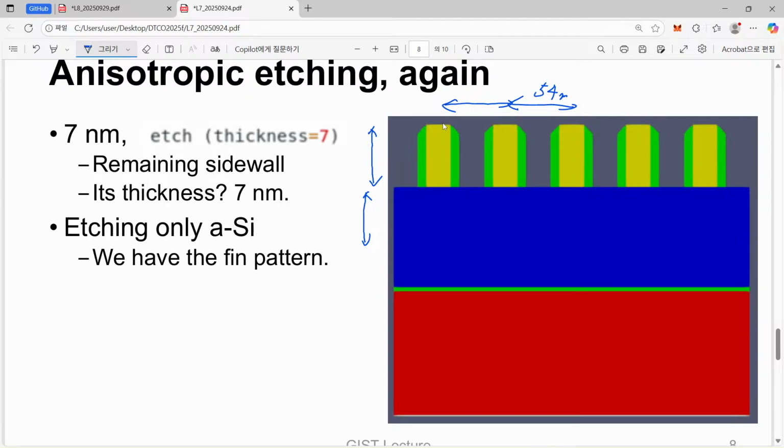The magic is that we can have 27 nanometer out of this 54 nanometer pitch, where now these side walls have a pitch of 27 nanometer. So simply speaking, we must do selective etching of this mandrel layer only.